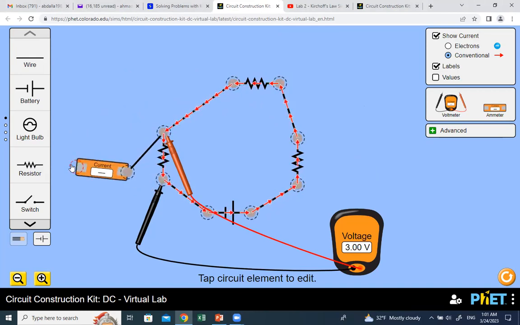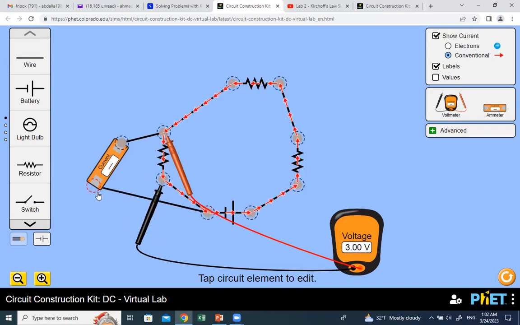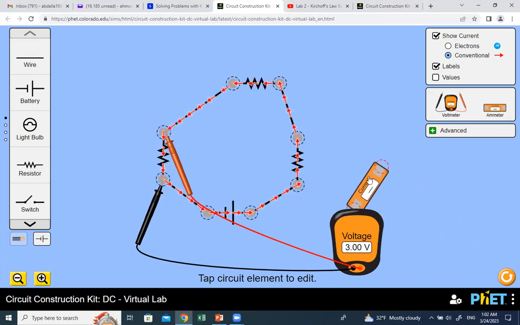let's measure it here. It is 0.45. It is the same. Let's measure it in another location.